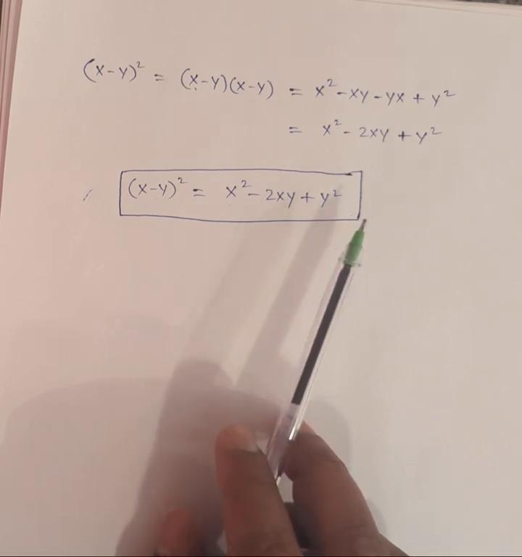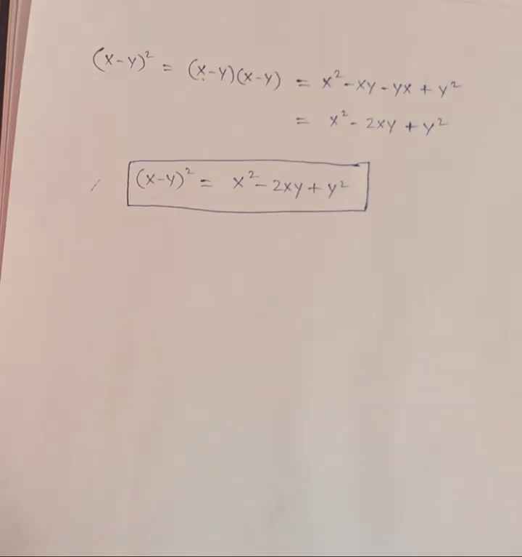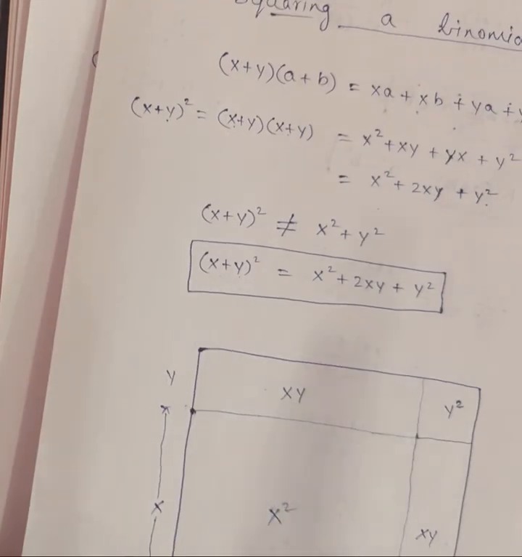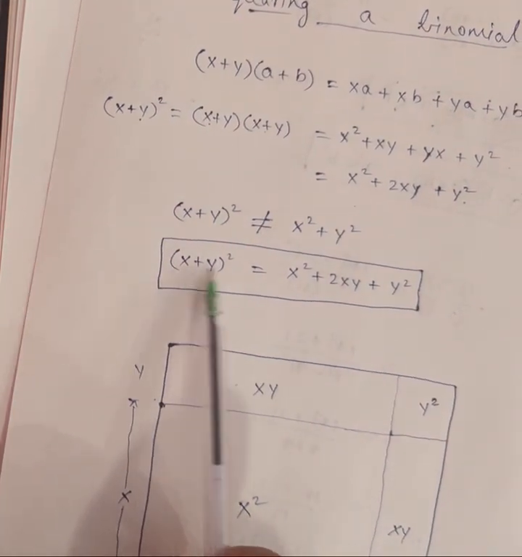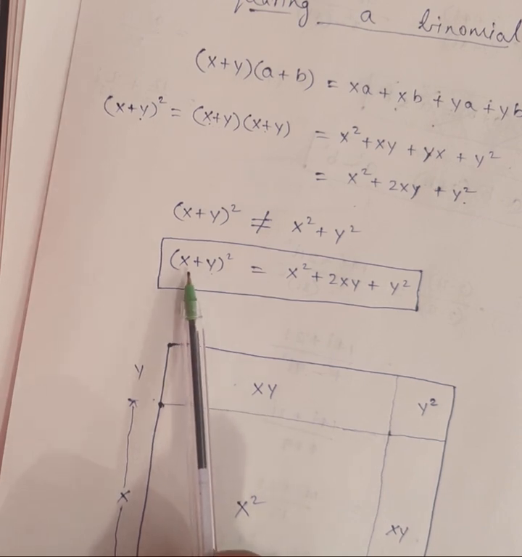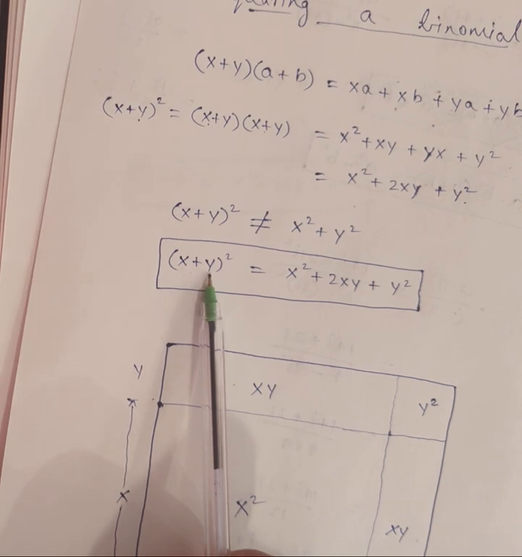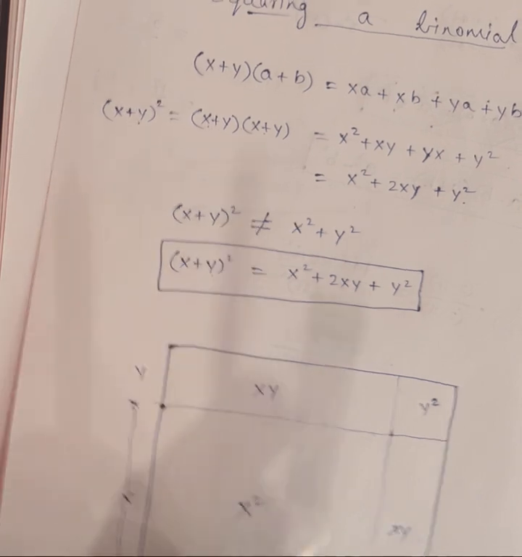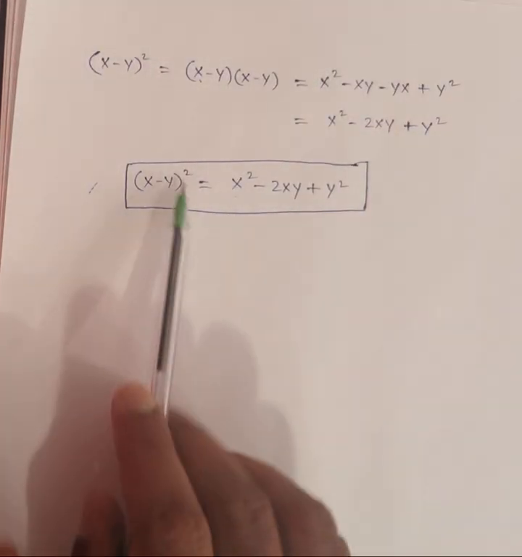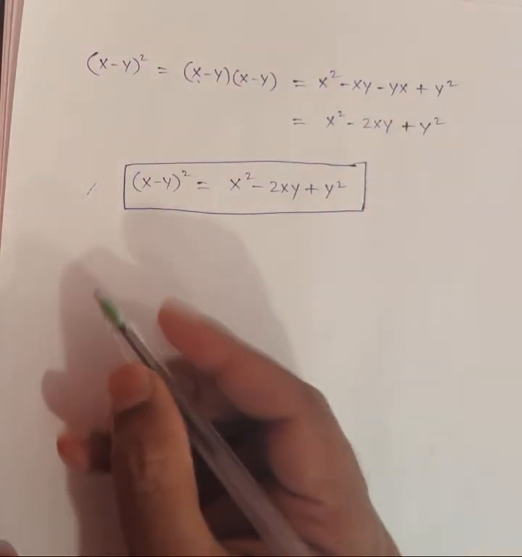Now typically in problems, it is very unlikely that you have two variables. This is going to be a number. So say x plus 1 quantity square or x minus some number quantity square.